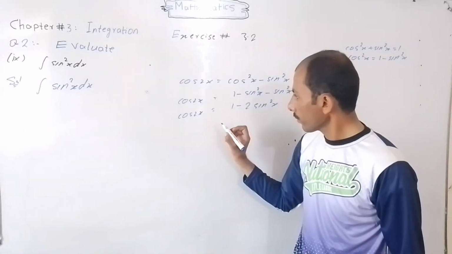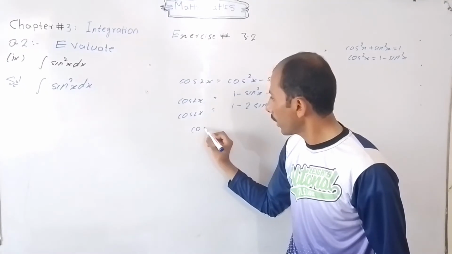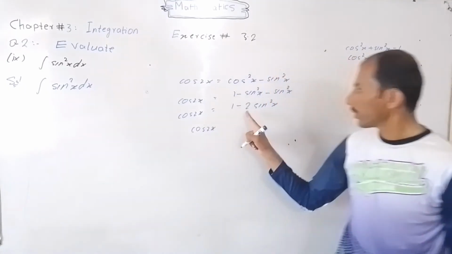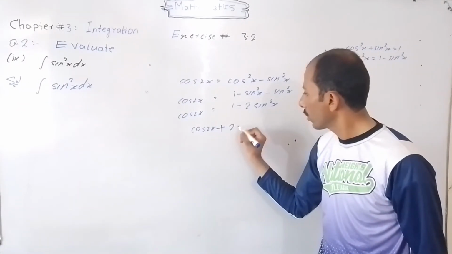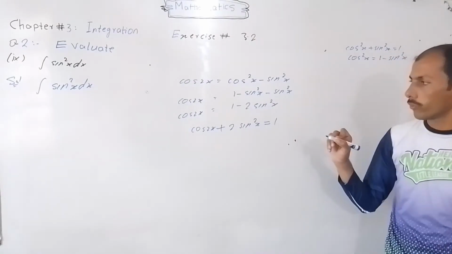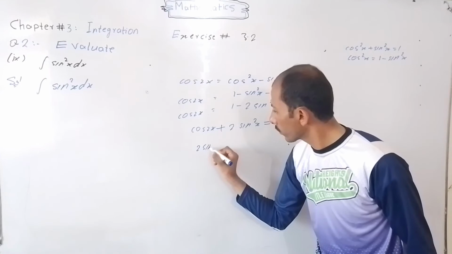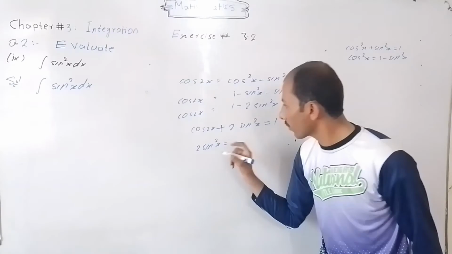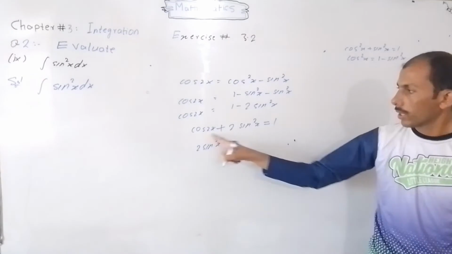So cos 2x plus 2 sine square x is equal to 1. So 2 sine square x is equal to, taking to the other side, 1 minus cos 2x.